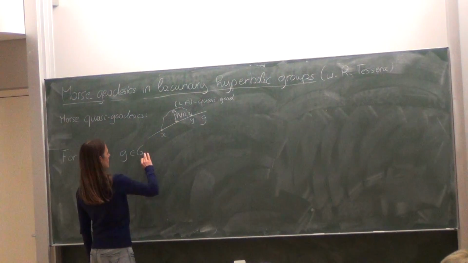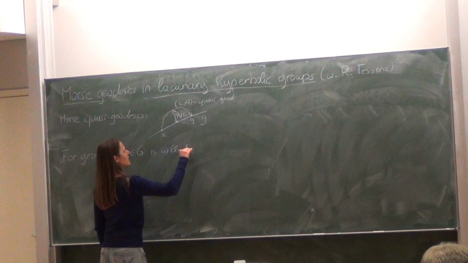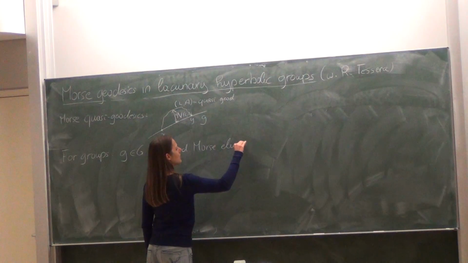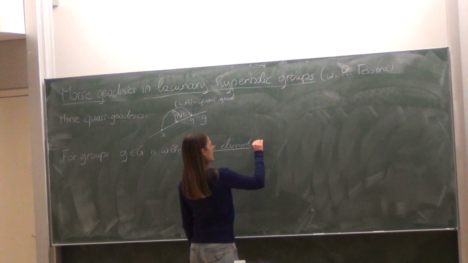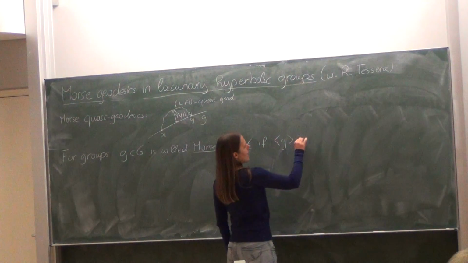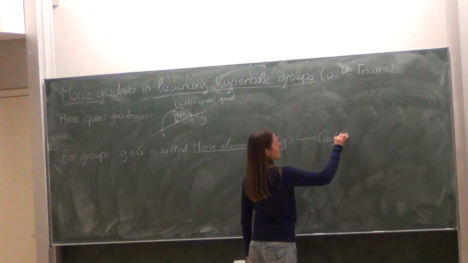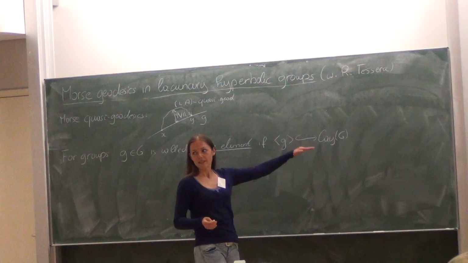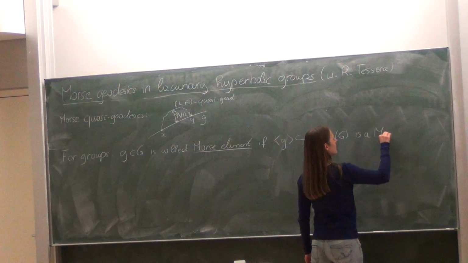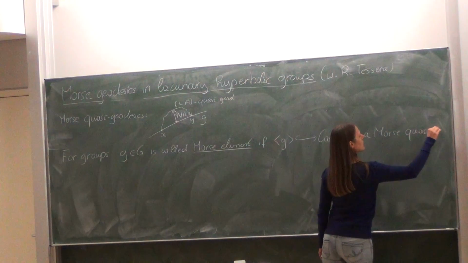This g in G is called a Morse element if you take the cyclic subgroup generated by it and you embed it into the Cayley graph of G, then this gives you a Morse quasi-geodesic in the Cayley graph.